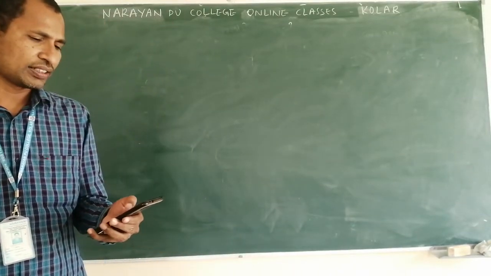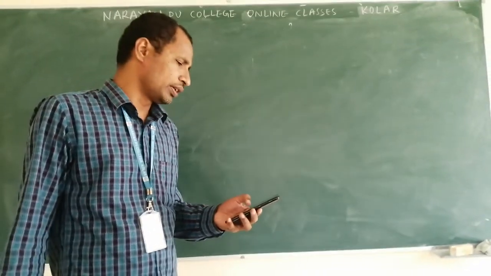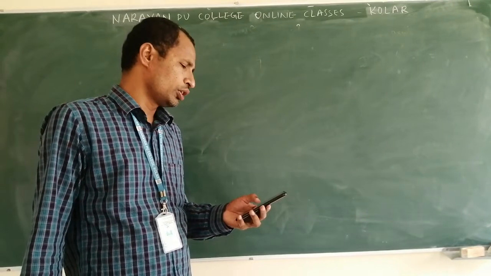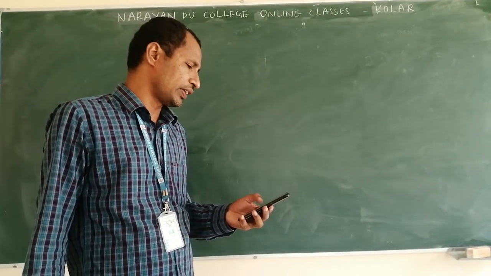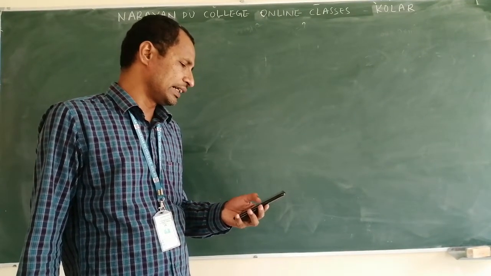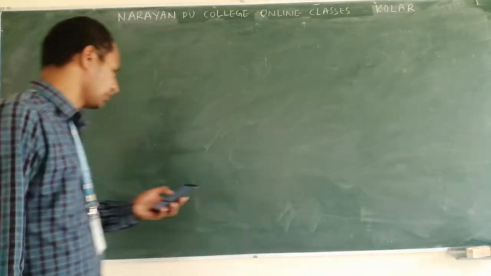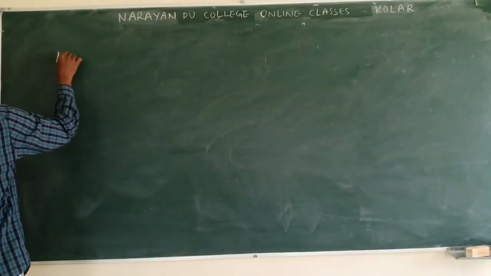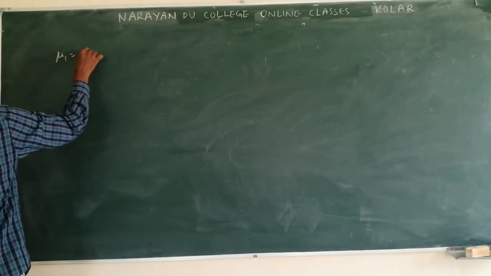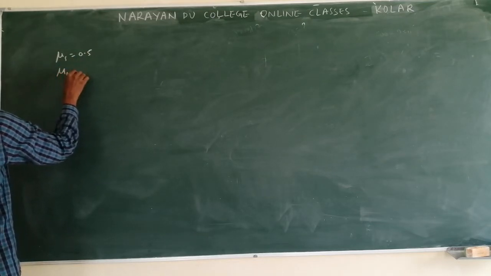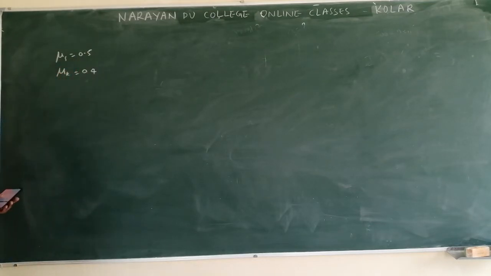Next, a body of mass 60 kg is pushed with just enough force to start moving on a rough surface with coefficients of static and kinetic friction, mu s is equal to 0.5 and mu k is equal to 0.4 respectively. Applying the same force, what is the acceleration?